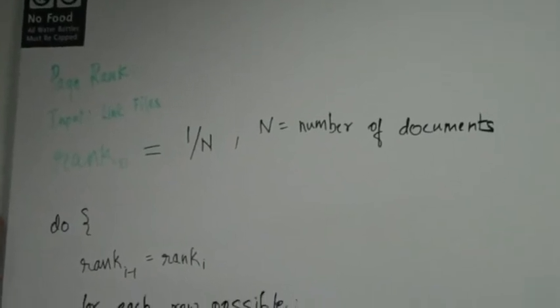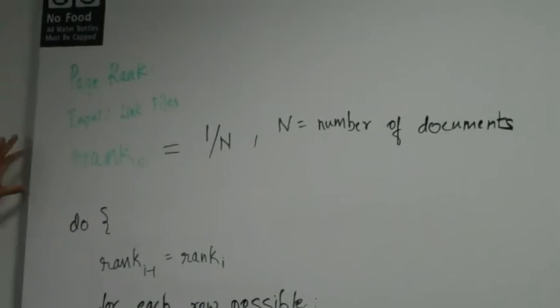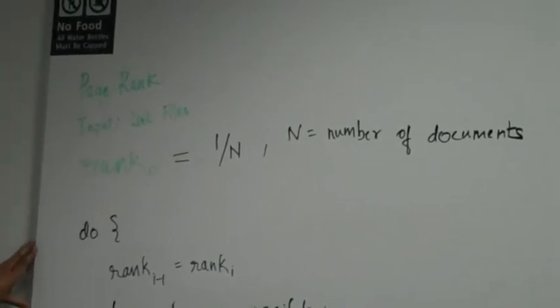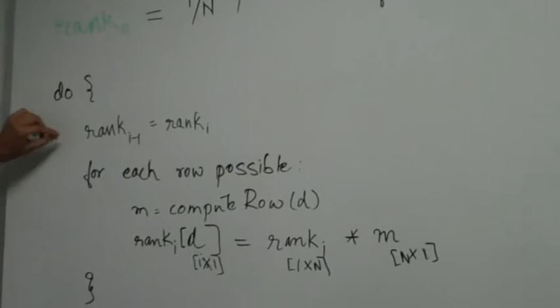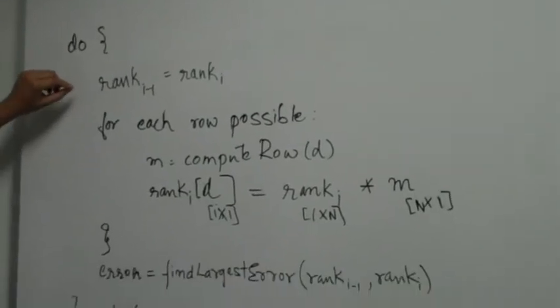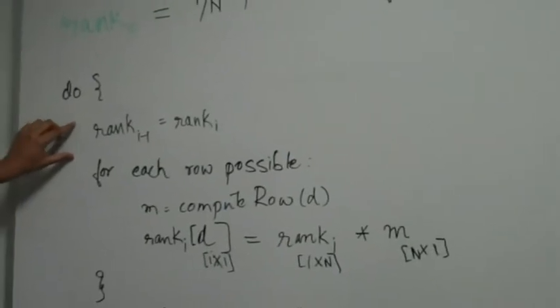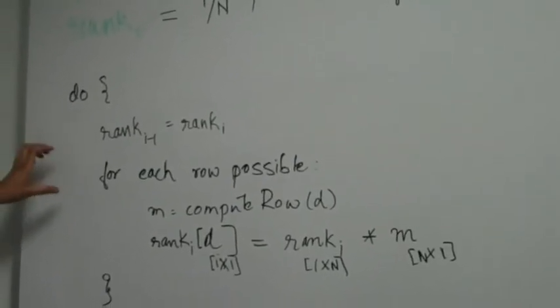What we are going to do here is initialize the rank matrix to 1 by n, where n is the number of documents, and till convergence we are going to repeat this part of the code where we store the previous rank, which is a vector of ranks of all the nodes, that is, nodes are documents here.